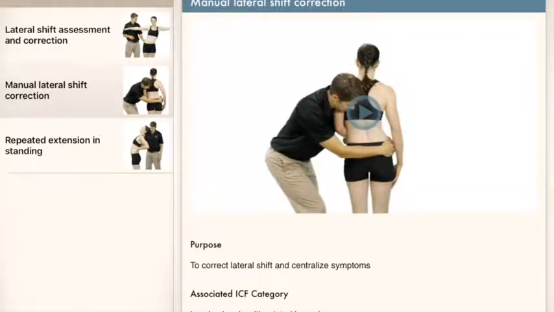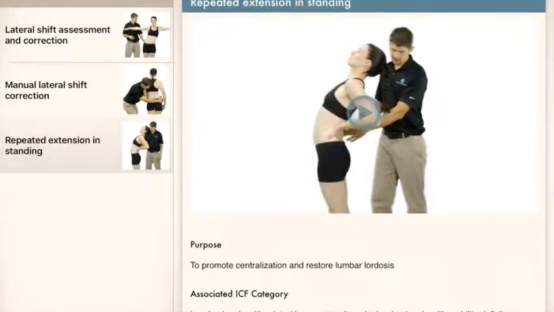We need repeated movements. And if that begins to get better and no longer works anymore, then you move into the sagittal plane. So if you've gotten rid of the frontal plane deformity, you can now start restoring extension. Remember, I mentioned the flat back. Okay, so I want to restore the lordosis, and I'm going to use repeated movements in standing. So this is a centralization assessment.